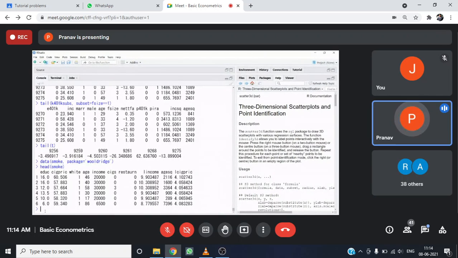You have to run a regression of cigarettes, that is your number of cigarettes, on, let's say, price of cigarettes, income, let's take all these variables, education, age squared, and restaurant restrictions.